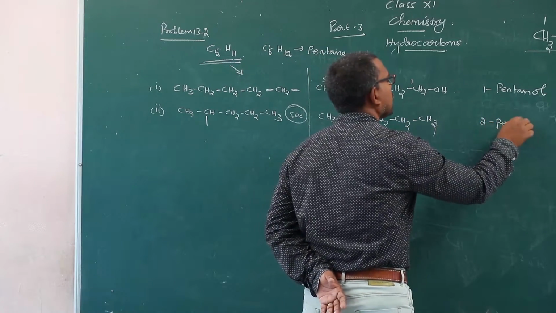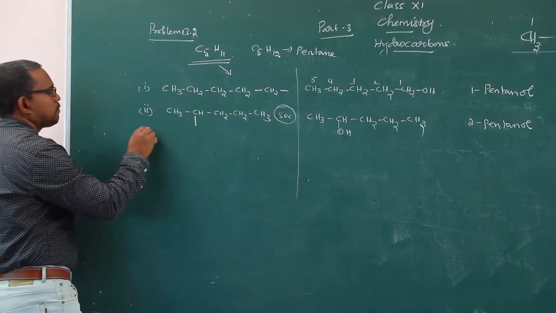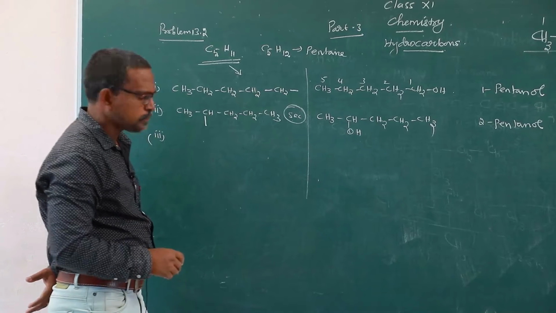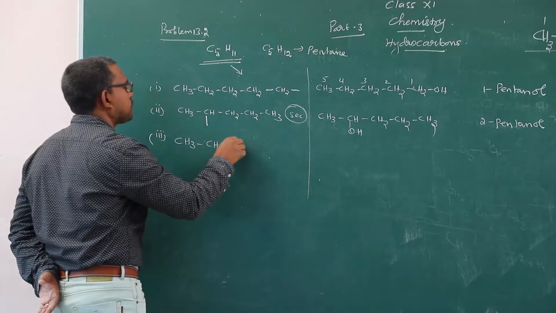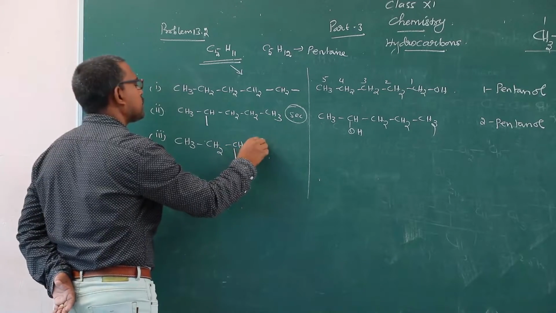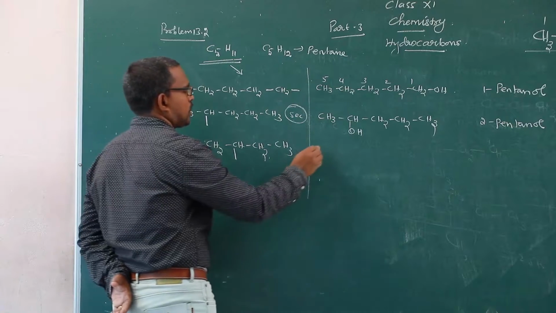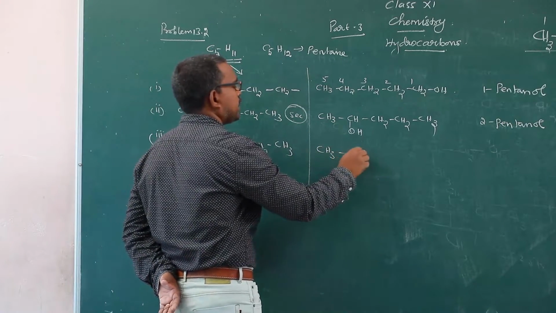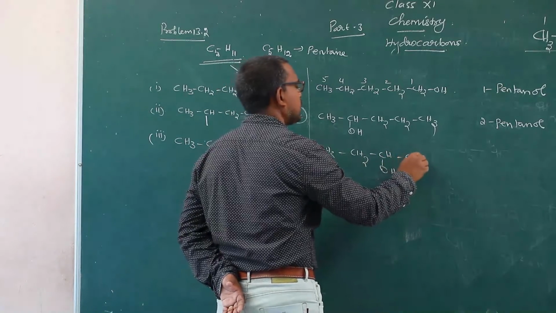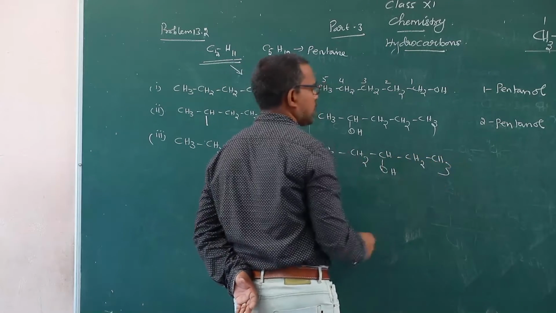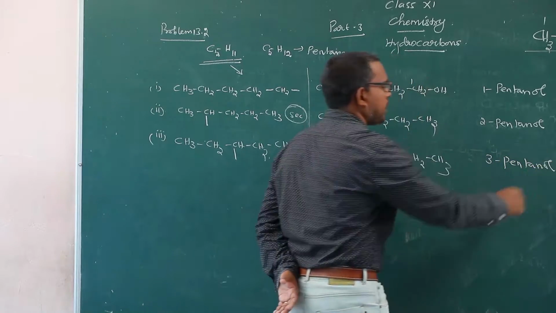The name of the compound is 2-pentanol. For the third compound, change the position of the functional group: CH3, CH2, CHOH, CH2, CH3. This is 3-pentanol.